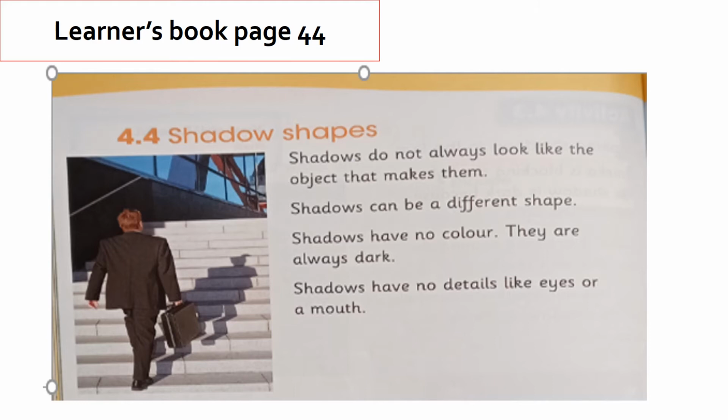Note that shadows have no details like eyes, ears, or mouth, and they are always dark. Also, they produce a different shape from the original shape. So shadows do not always look like the object that makes them. Excellent.